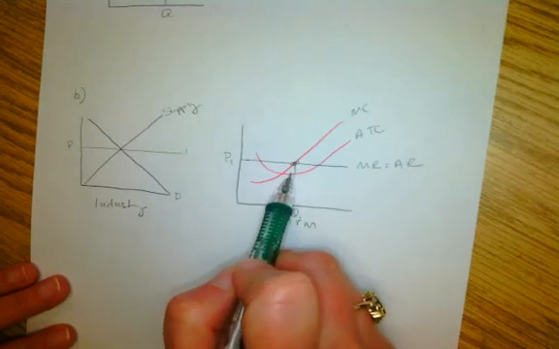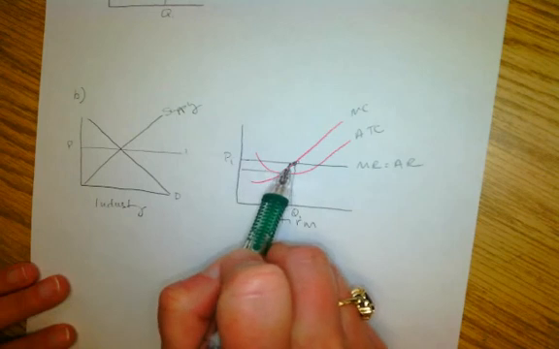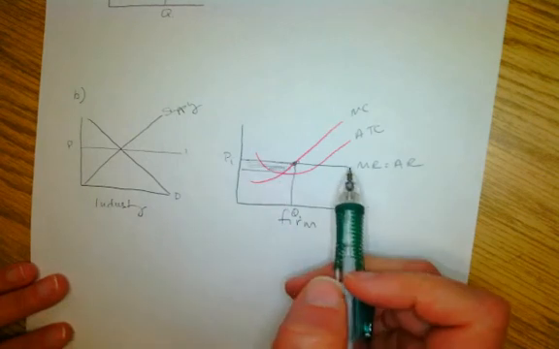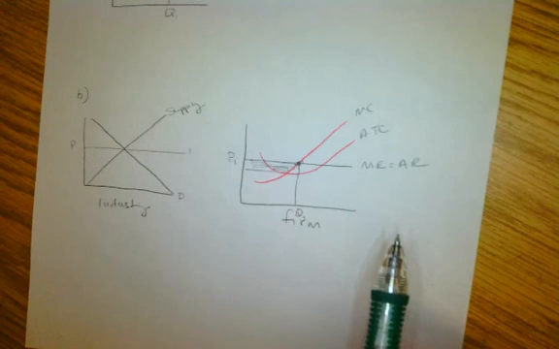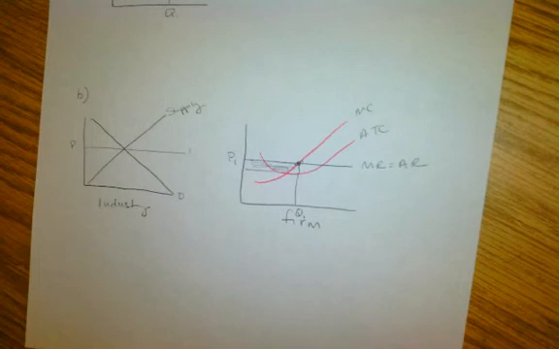And so from here to here, that's going to be our profits. And we know what happens when we have profits, that there is an incentive for businesses to enter that particular industry. So it says in B, given the existence of economic profits, show on the graph how the industry adjusts in the long run and explain the process that leads to the long run equilibrium.